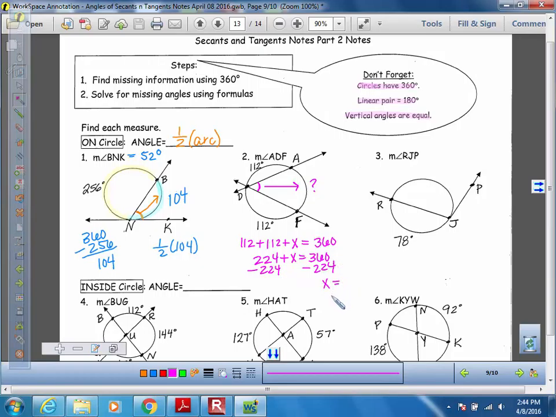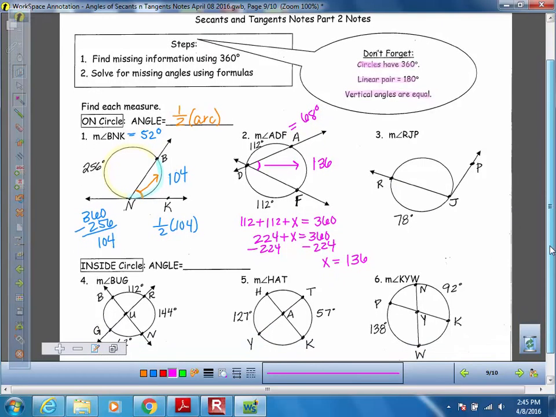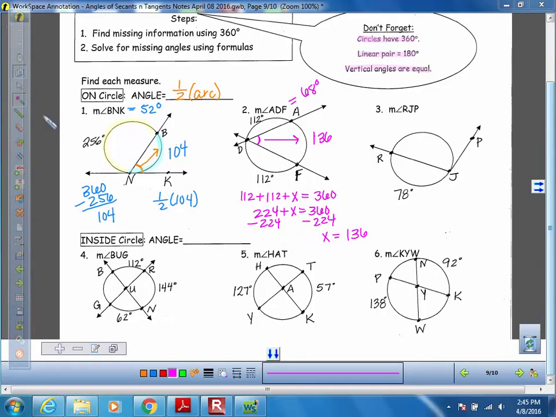And my arc measure will equal 136. So if this arc measure is 136, to find our angle, we half that. And so our angle would be 68. Very good.